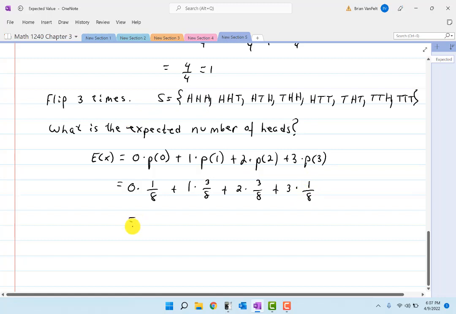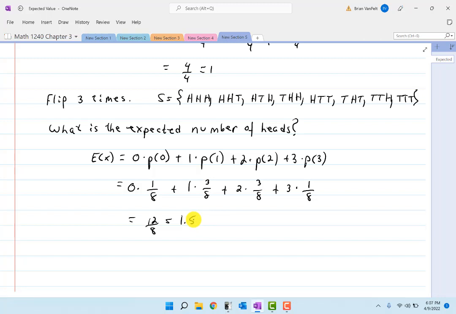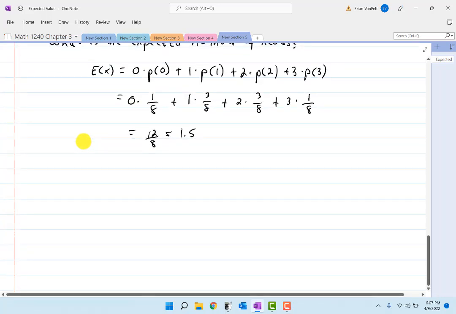Once again, common denominator of 8, I have 3 plus 6 plus 3. So 3 plus 6 is 9, so that's 12 over 8. That equals 1.5. So if you flip a coin 3 times, you'd expect to get 1.5 heads. Well, I hope you can see a pattern here.